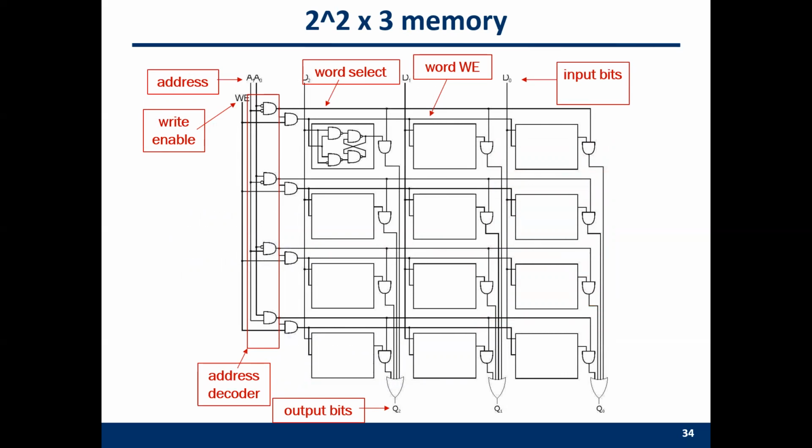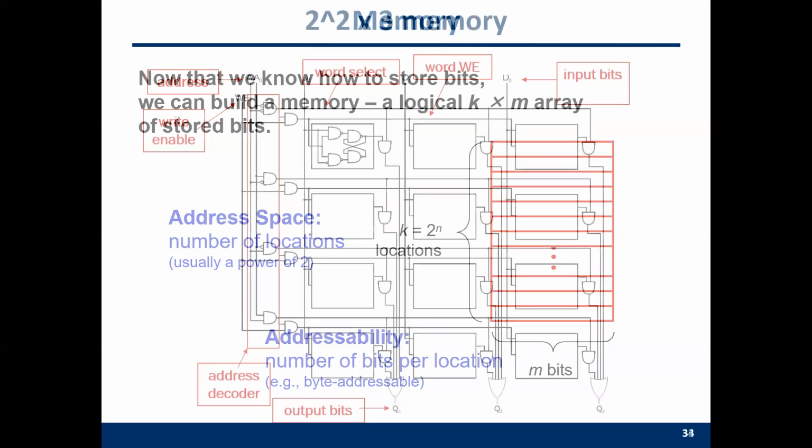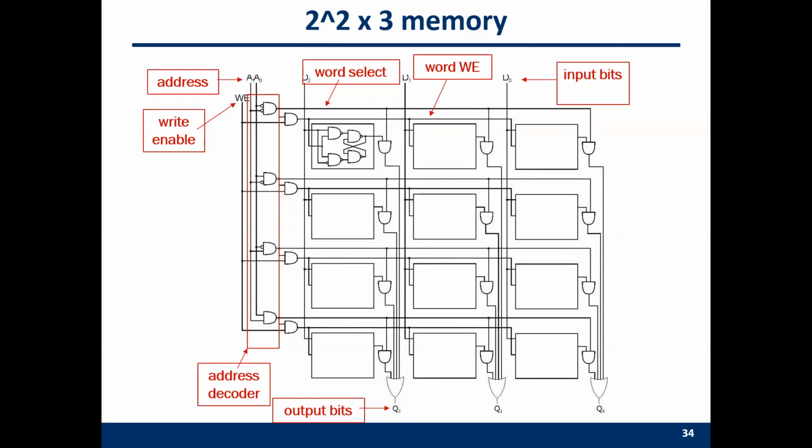And in the physical memory, each m-bit entry typically is stored in each row.